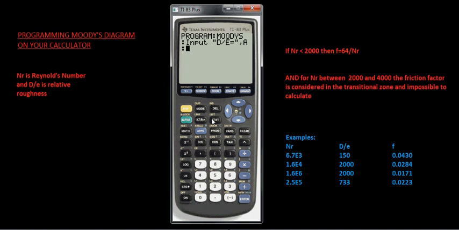You're going to do pretty much the exact same thing. Program, go 1 over, input, and you're going to have NR this time, which is the Reynolds number. So we're going to put alpha N, alpha R, which is the multiplication key, equals, second test, equals, enter.